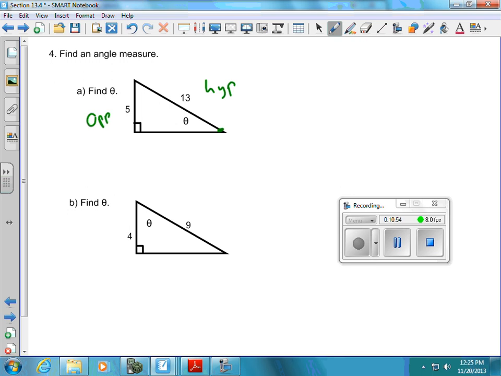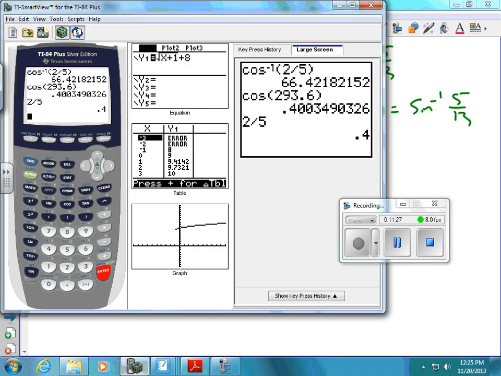What trig function uses opposite and hypotenuse? Sine, the one that has a button on our calculator. So sine of theta equals 5 over 13. How do we solve for this? We take the arc sine, or inverse sine, of both sides. That cancels out, so in our calculator we type in arc sine of 5 over 13.